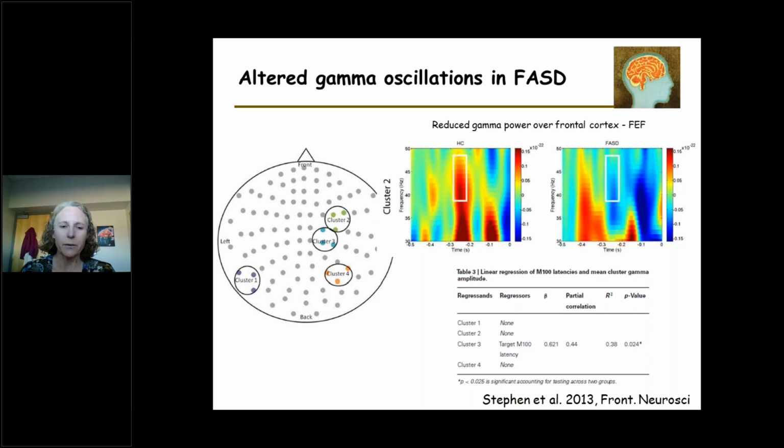Unlike the previous publications saying that there was a delay in the saccadic reaction time, with this particular study in adolescents with FASD, there was no group difference in the final outcome, the saccadic reaction time, even though there was this delay in the visual processing response. And so the gamma oscillations seem to be one of the possible mechanisms for their ability to catch up from these early sensory delays.